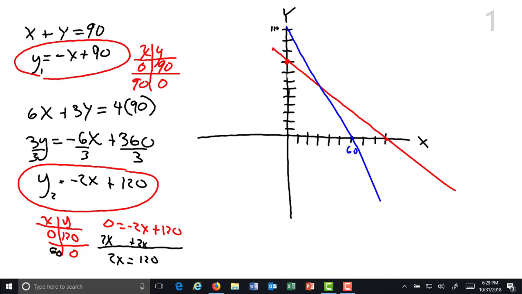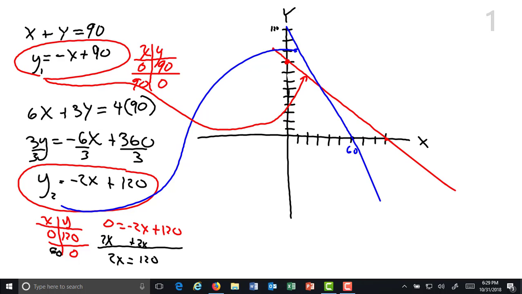And that is y2, a graph representing that. And this one, y1, is going to represent that.